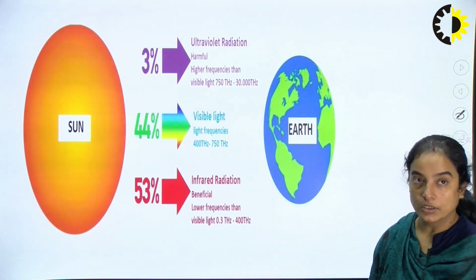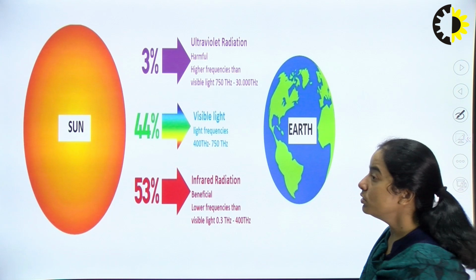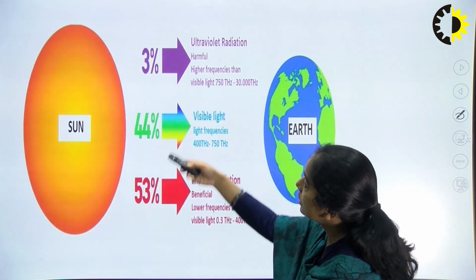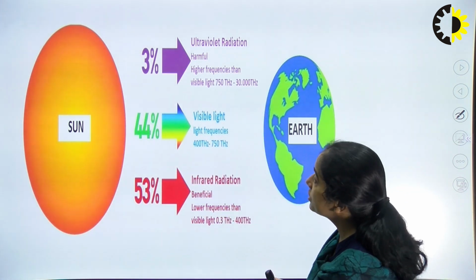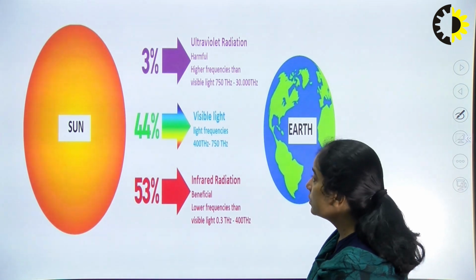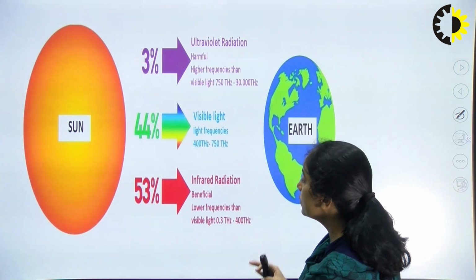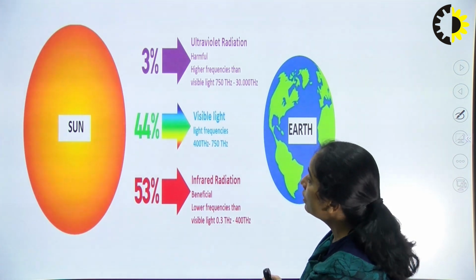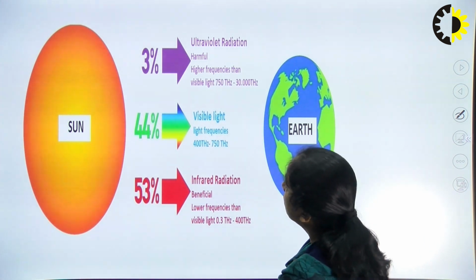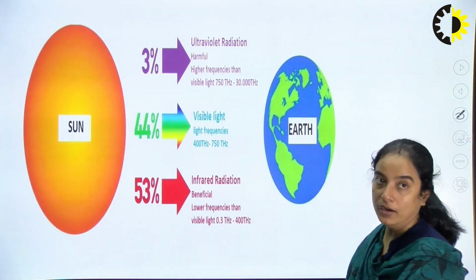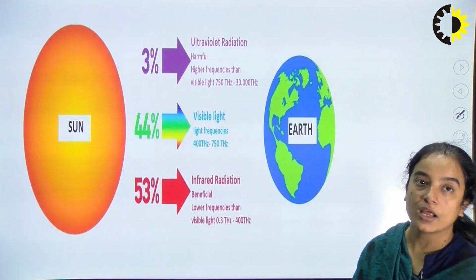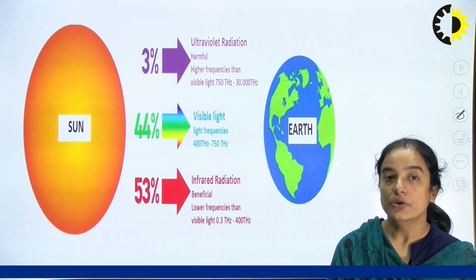Here you can see in this picture that this is the sun, 3% is the ultraviolet radiation, 44% is the visible light, and 53% is the infrared radiation. Ultraviolet radiation is harmful because it has higher frequency than visible light.